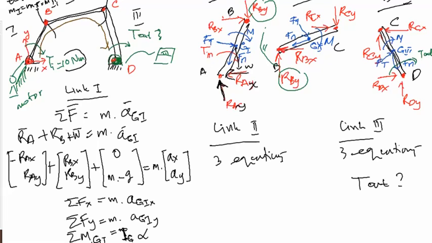For slider crank mechanisms, I would say it's a lot simpler because the reaction force for the slider is only one. For a pin joint like this, you will have two reaction forces in the X and Y, but for a slider it has only a vertical reaction force.